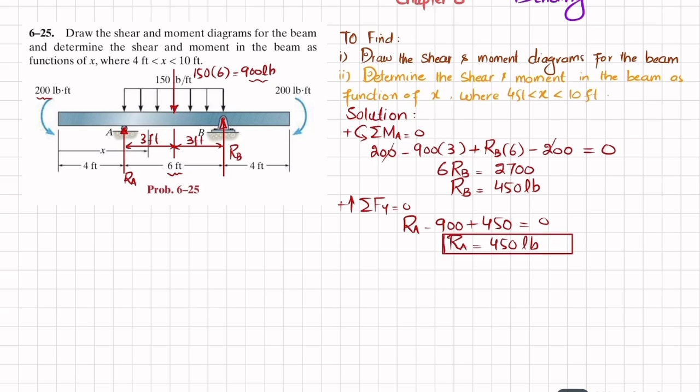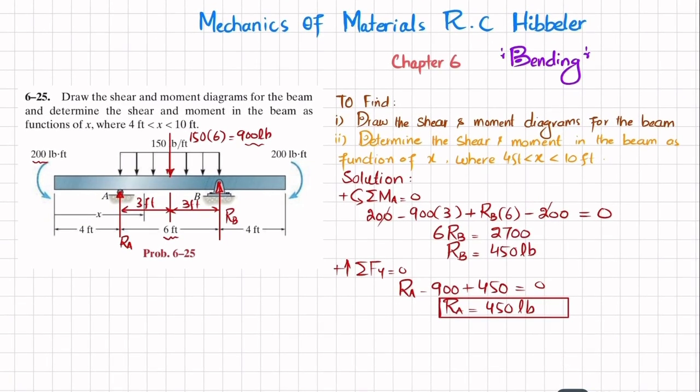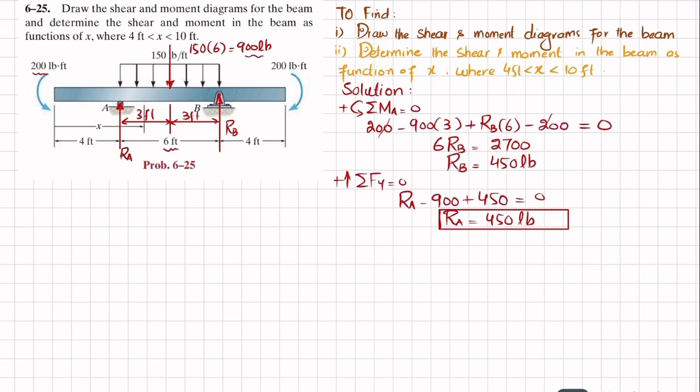Okay, so now we will move toward our second part, that is to determine the shear and moment as a function of x, where x is greater than 4 feet and less than 10 feet. So what we will do is cut the beam in this region, and this will be the x, and you have to draw the free body diagram for this portion. Let me draw it for the region x greater than 4 feet and less than 10 feet.